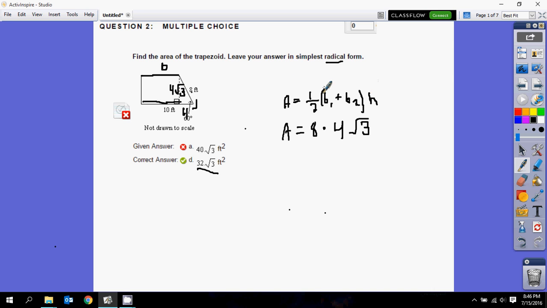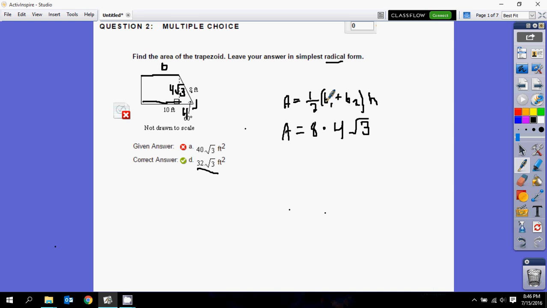We've already got the first base as 10. We don't know the second base yet, okay? So since that whole piece across the bottom is 10 feet, and I know that the short leg here was basically 4 feet longer than the other base, that means the top base here is only going to be 6 feet long, because it doesn't have that 4-piece segment, okay? So I just had to subtract there.